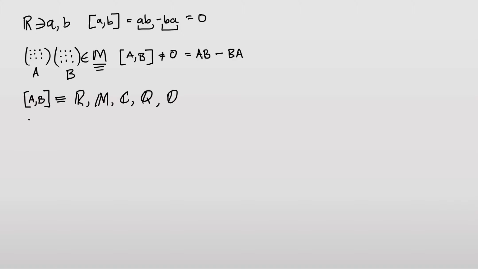And so if we were to consider, for example, an object A dagger and A, this is our commutator of our creation and our annihilation operators. So what elements are these here?